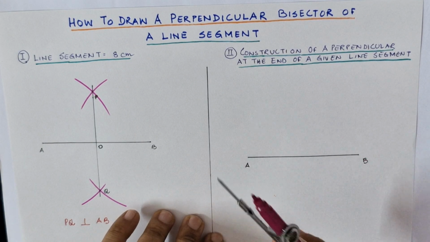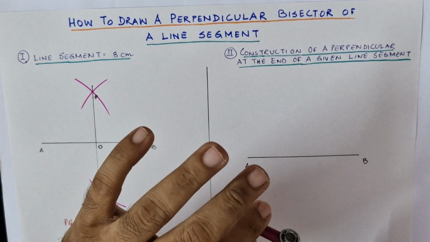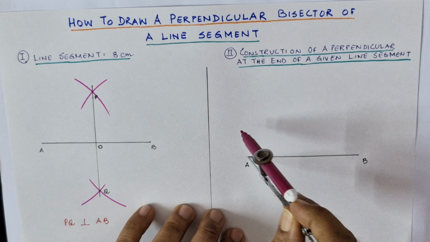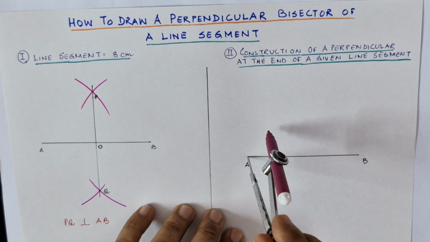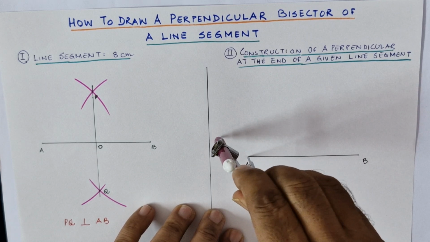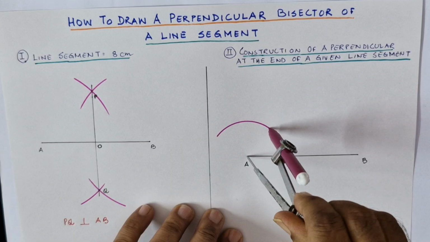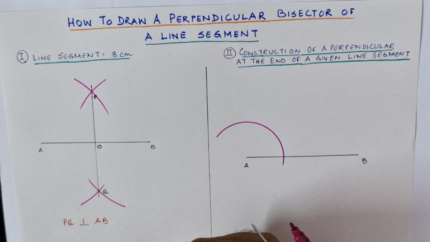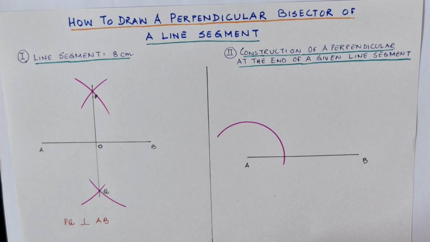Take the compass, take an appropriate radius like this, center it at point A, right? Center it and draw an arc like this. Got it? Without changing the radius, see this point?